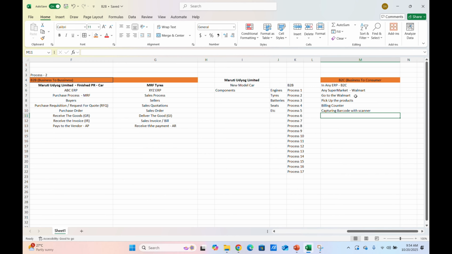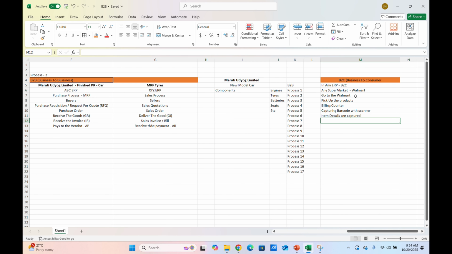After capturing, the item details are captured, showing the quantity, the weight, the name of the product and the price of the product.